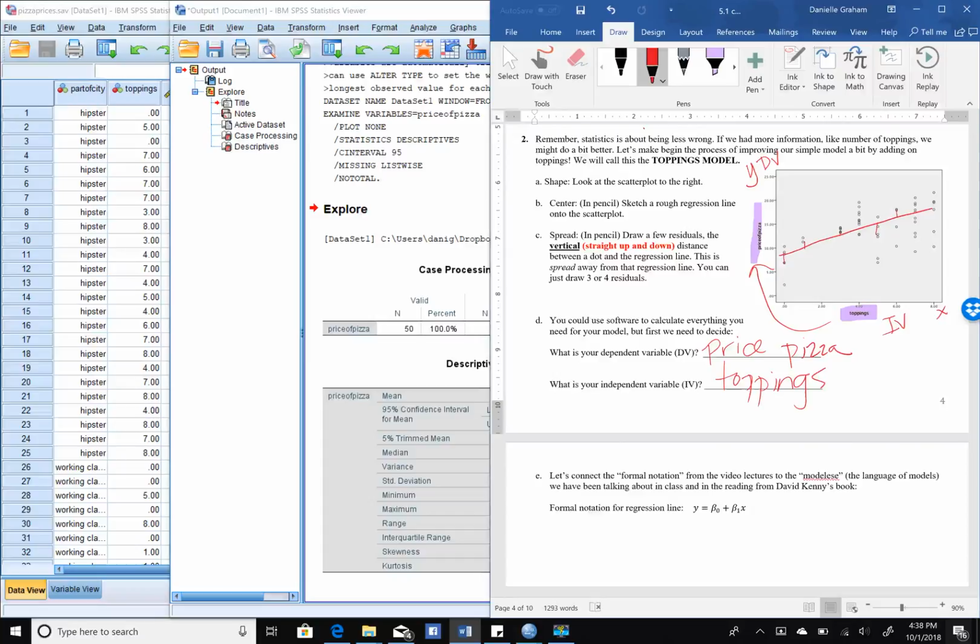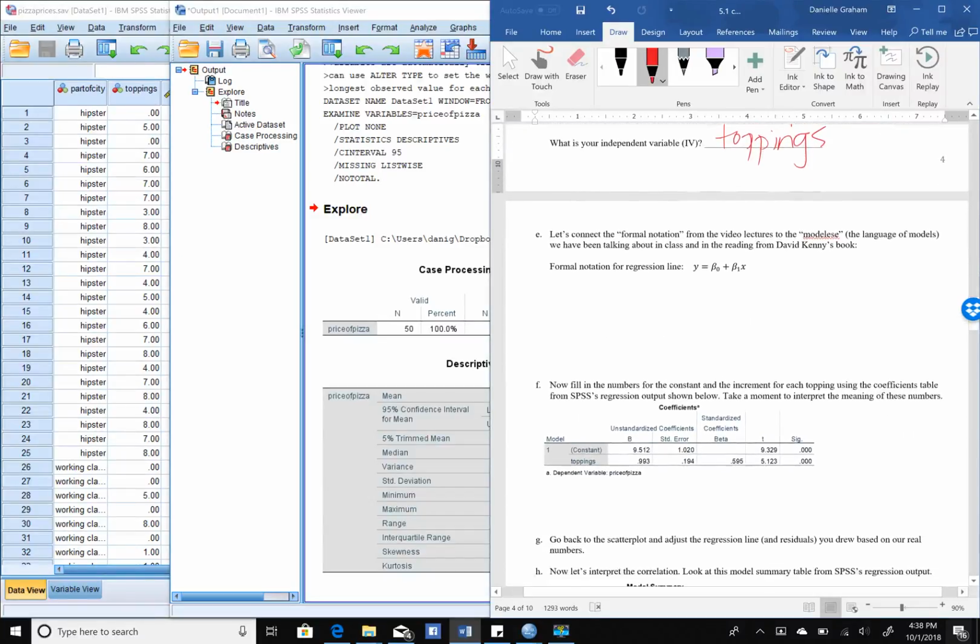Then we want to connect our formal notation, which is this right here. That's the formal notation for a regression line, with the modelese, the language of models that we read about in that chapter about building models. So when we very first started talking about models. So that's sort of this kind of concept here, right? So DV equals some constant, and I am not providing myself enough space, so let me move this over.